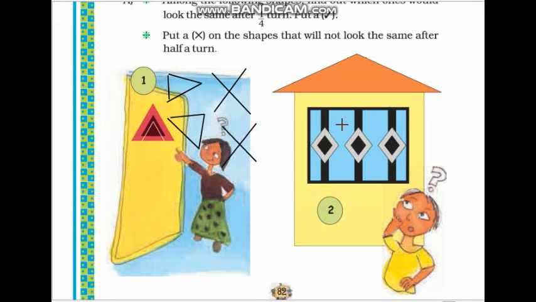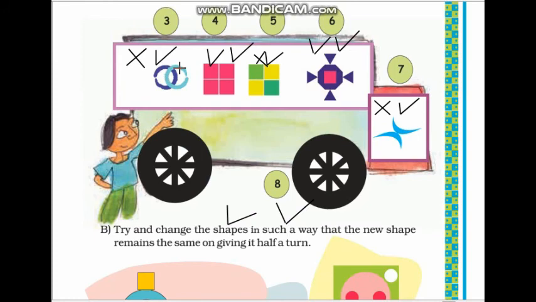And this second one, it will not look the same on 1/4 turn, because this vertical line will become horizontal. So wrong. And it will look the same on half a turn, because from here to here, 180 degree, it will look the same after half a turn. Here third one, will it look the same after 1/4 turn?